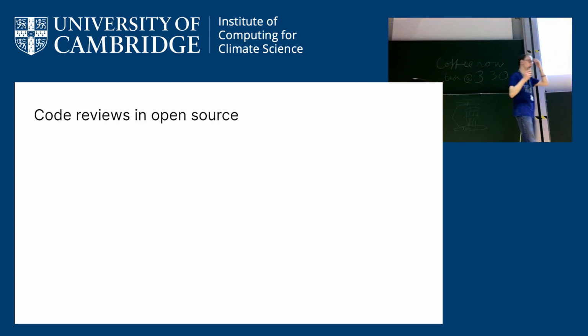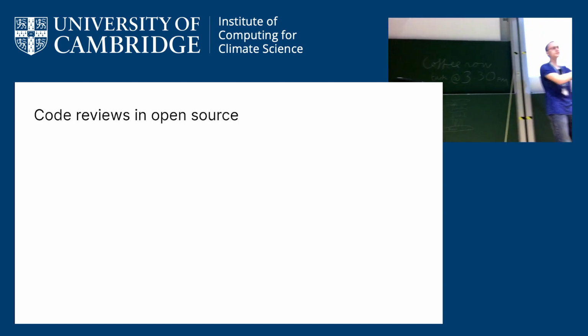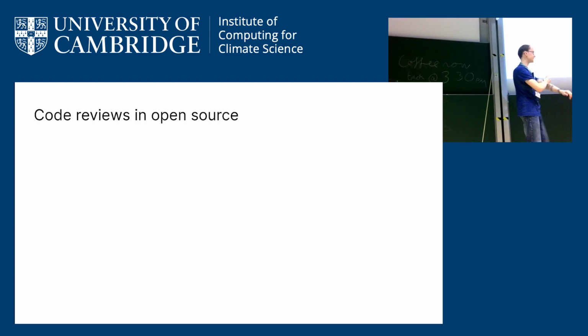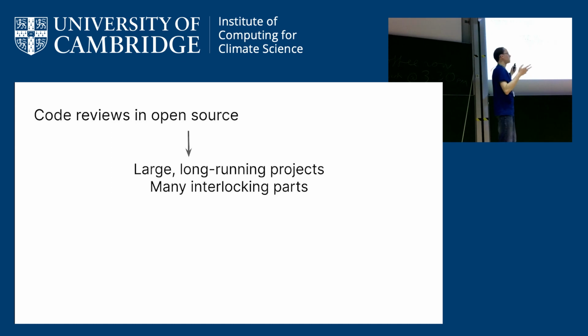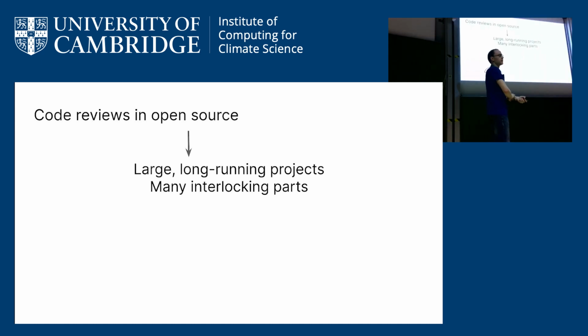So open source projects are especially going to have often more rigorous code review practices. So I already mentioned the GHC Haskell compiler. It's just an immediate example for me. It's a huge project with 15, 20, 30 years of development behind it, from probably a few thousand developers, and there's lots and lots of interlocking parts.